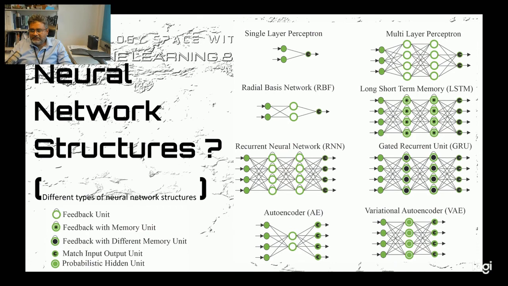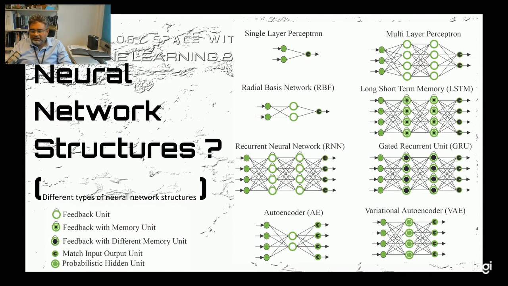And then gated recurrent units, GRUs, are also another popular neural network that consists of feedback with different memory units in its hidden layer. And then autoencoders and variational autoencoders are two other popular neural networks.